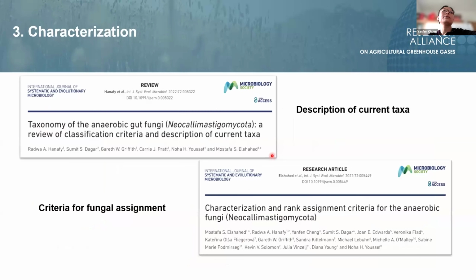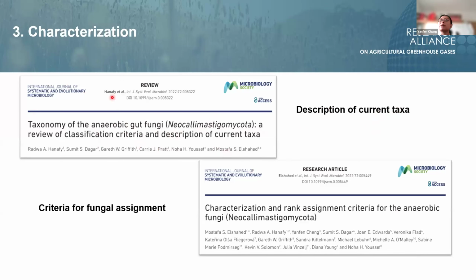So after we get the pure culture, we need to characterize what fungi they are. And there are 2 publications. The first one is a review, in which the authors described all the currently known taxa.